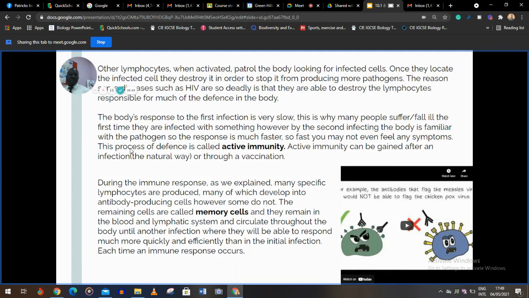So as you've seen, this is a simple animation that was showing the different pathogens having different proteins on their structures. For example, the ones you see, these are structures, and these structures are what we call the antigens.